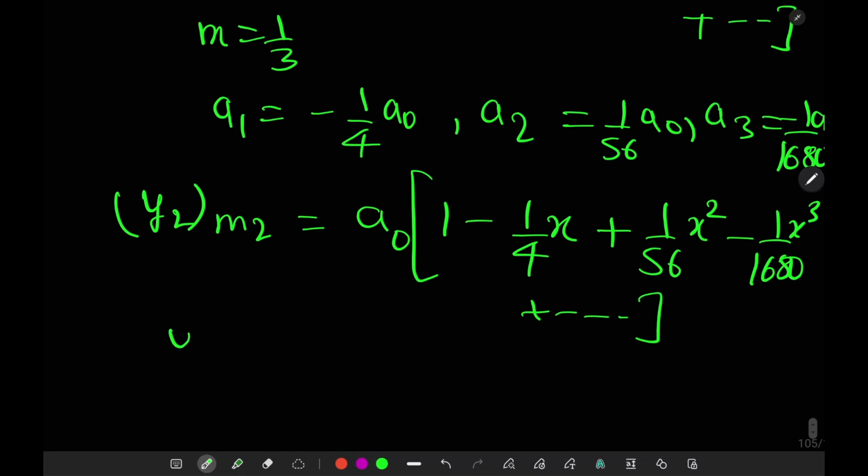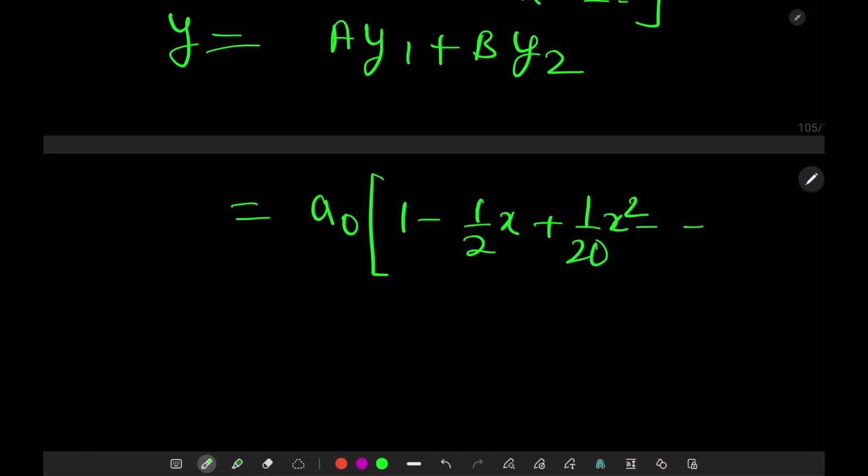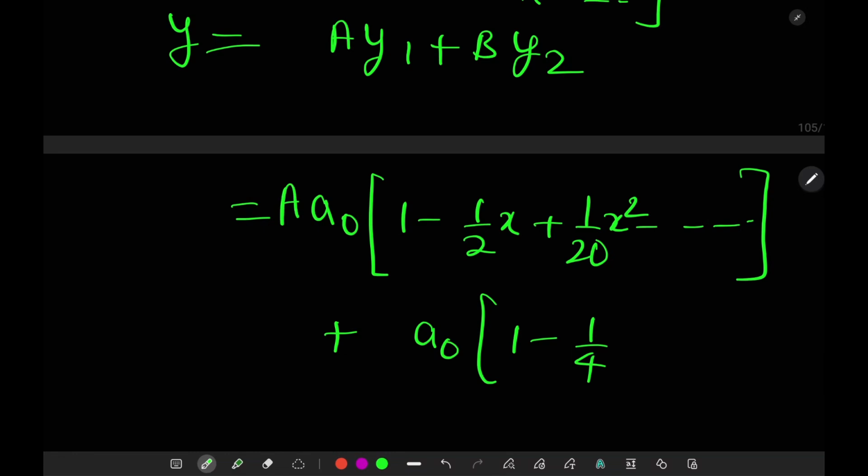Now we can write this equation here. We can write this equation as a naught into 1 divided by 1 by 20 x square plus a naught 1 minus 1 by 4 x plus 1 by 56 x square and so on.